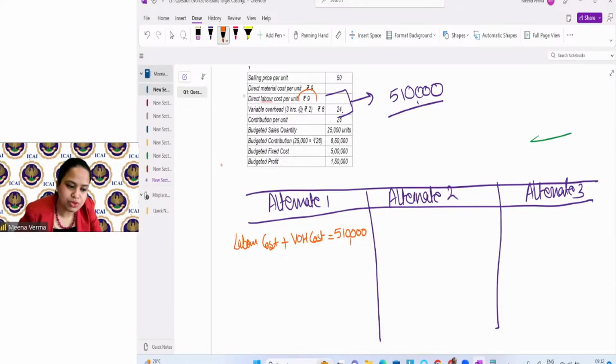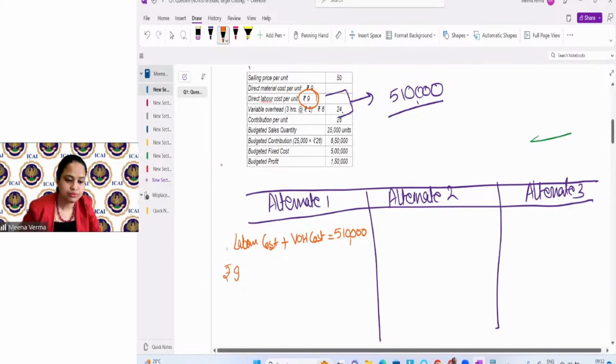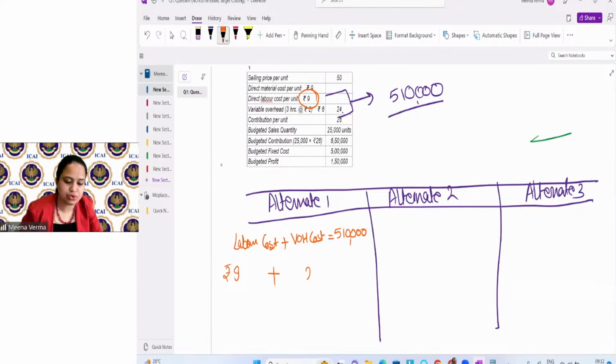Now let's assume the first condition, that we are paying the labor 9 rupees per unit. And the labor is saving some time. We don't know what time he is taking here for the production. We have to find it. And for 1 hour, we are paying 2 rupees to them.